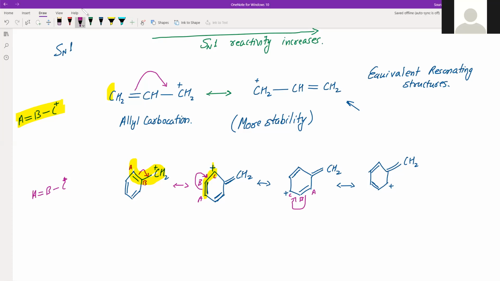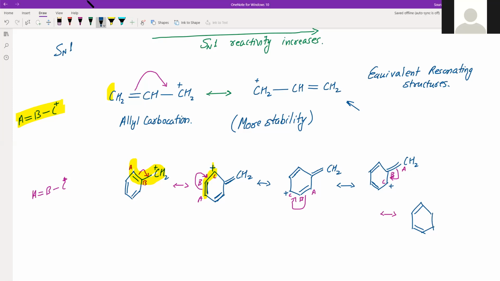And now next, again you can see there is A, double bond B, single bond C, and on C there is a positive charge. So now if we have to show this movement of electrons, we'll show it from here to here. This is the structure. This will remain as it is.